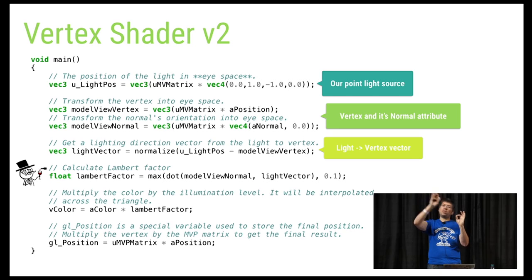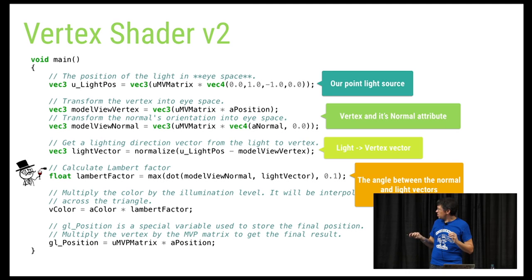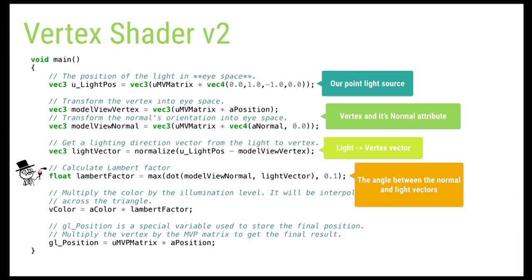So we find out what that vector is. Then we calculate the famous Lambert factor. That's actually very, very simple. We just want the angle between the normal and the light vectors, and having that angle allows us to determine what kind of shade we're going to give to that surface.